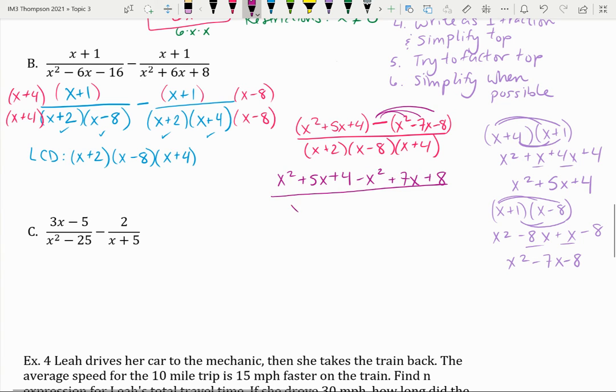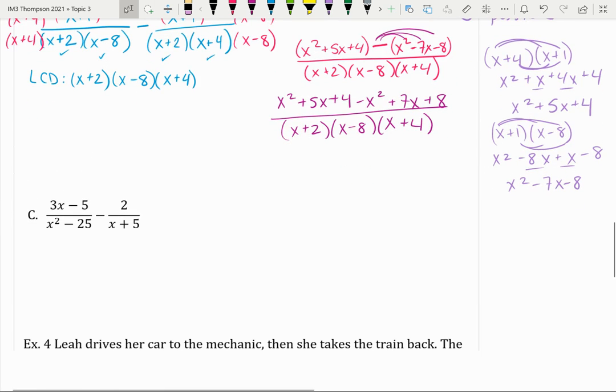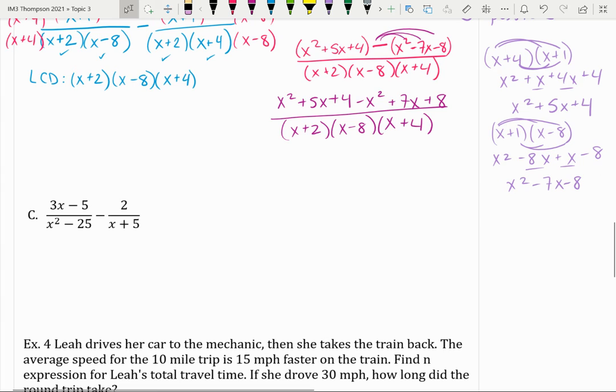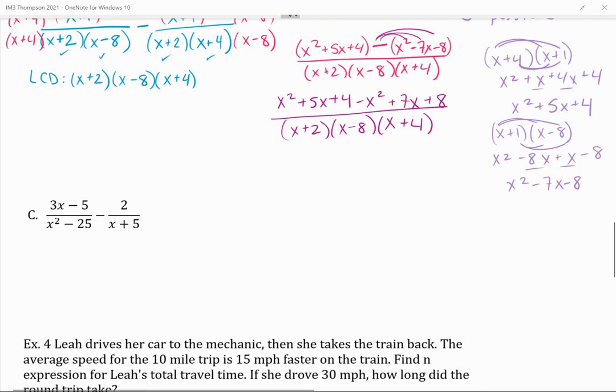So those signs change. You could also just take your pen and go minus x squared plus 7x plus 8 and just kind of write over it. That would work too.